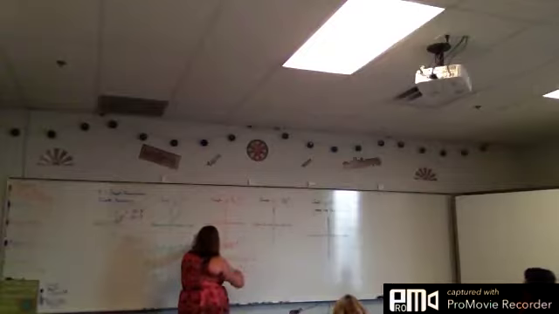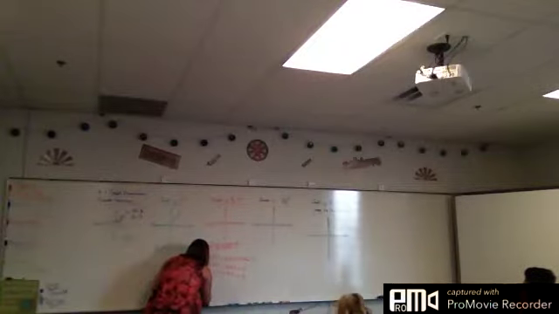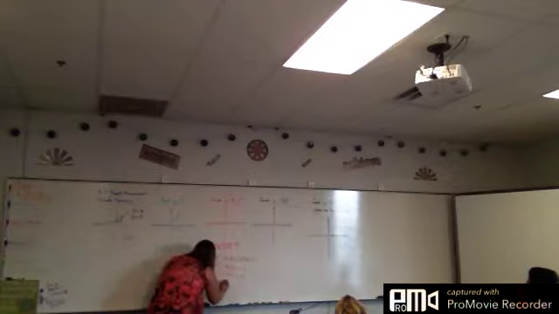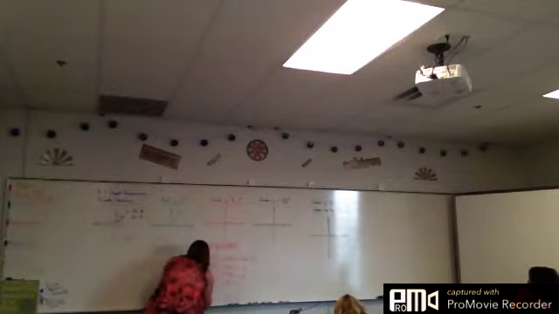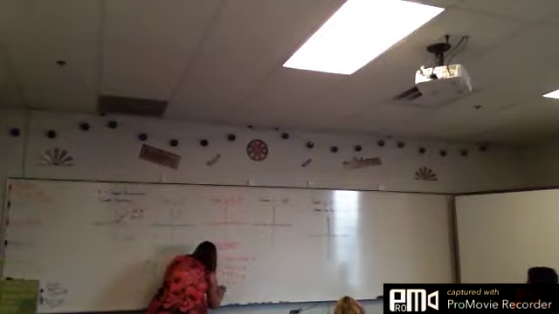Okay, if I plug in a 1, that means I have y equals 1/2 times 4 to the 1st. What's 4 to the 1st? 4. So I have 1/2 times 4. What's 1/2 times 4? 2. Now, y equals 1/2 times 4 squared, right? What's 4 squared? 16.